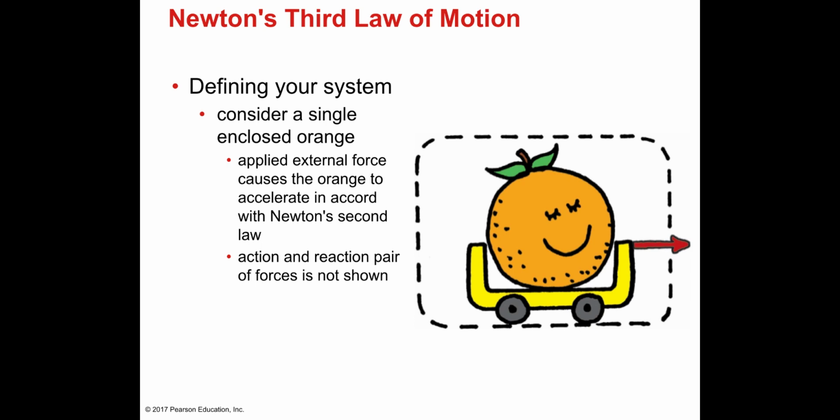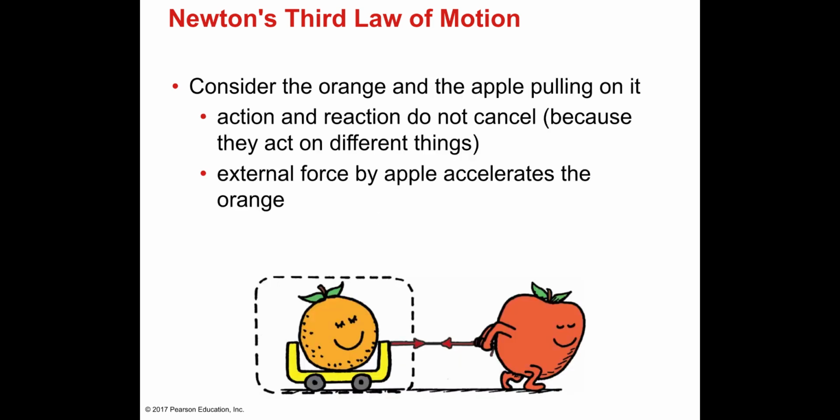All right, let's talk about another defining system. If you consider a single enclosed orange, an applied external force causes the orange to accelerate in accord with Newton's second law. The action and reaction pair of forces is not shown.